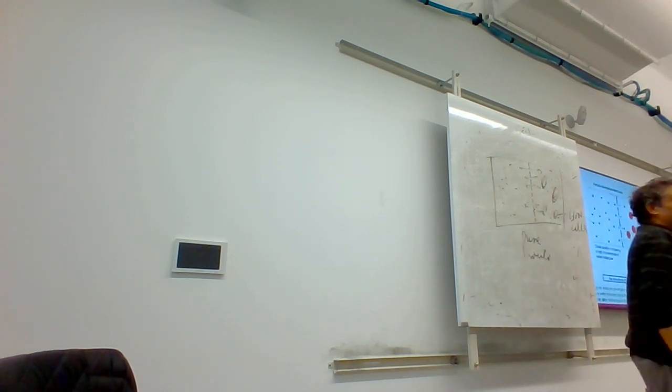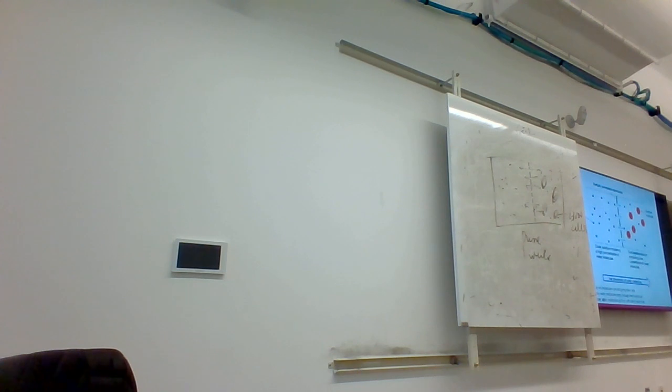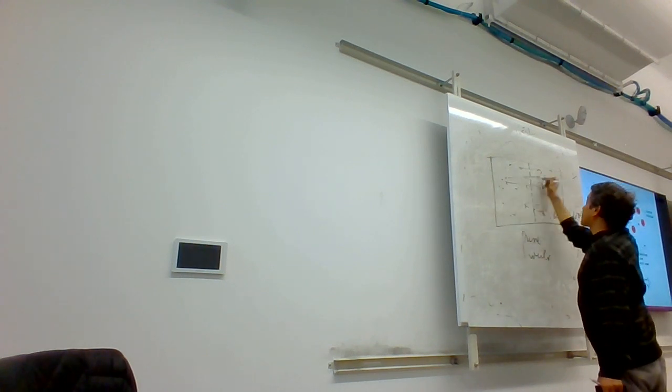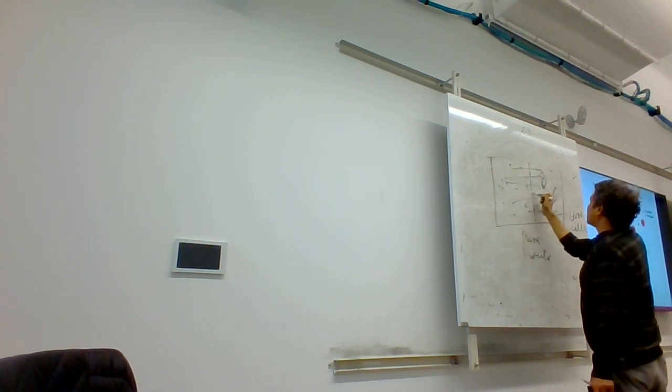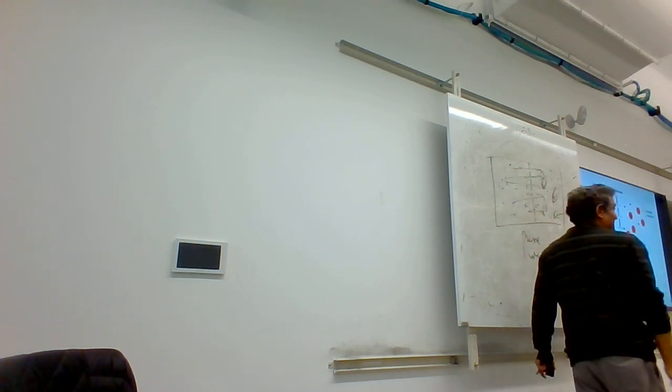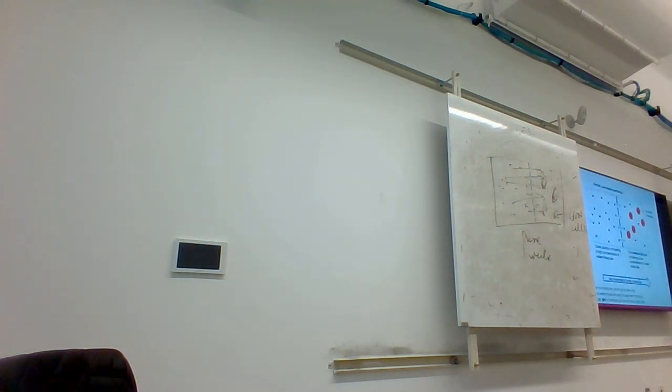So this kind of system is called osmosis. From this side a lot of water molecules can go to the other side, but from this side only a small number of molecules can go this way. So this process is called osmosis. Make sense?